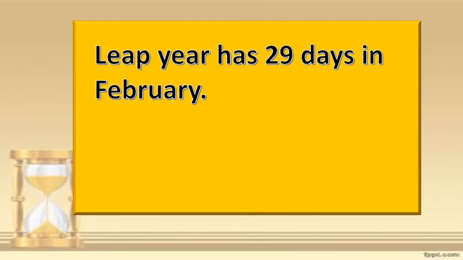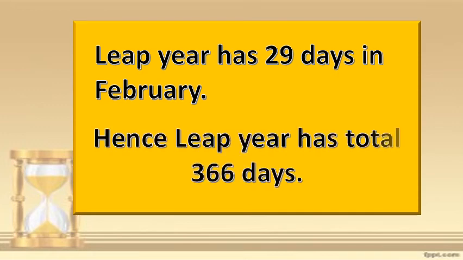Now we have to add one more day to that leap year, correct? So a leap year has a total of 366 days. Got this, students? Remember this. A leap year has a total number of how many? 366 days. Okay? And a normal year has 365 days.